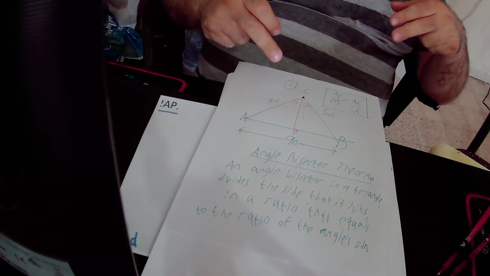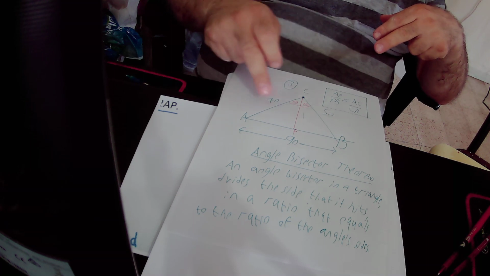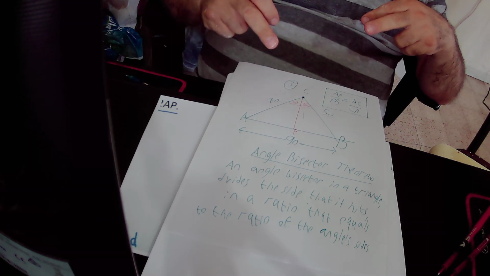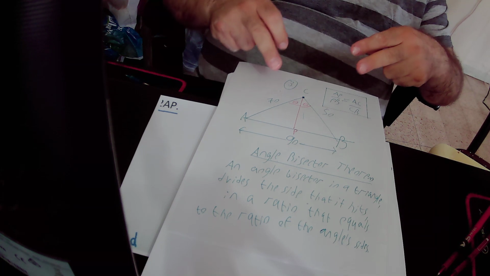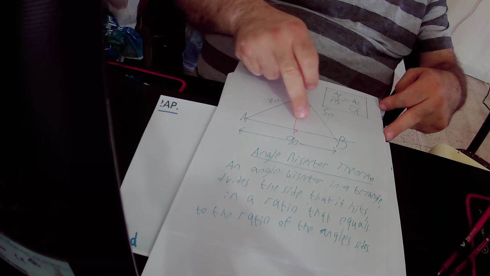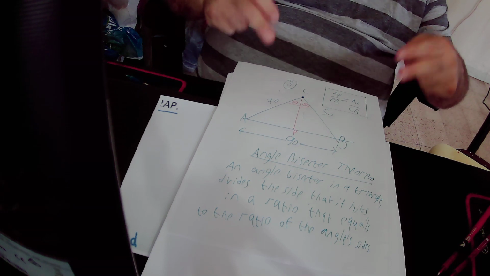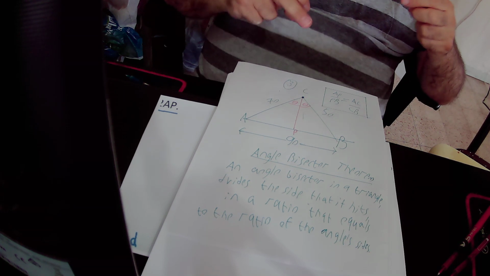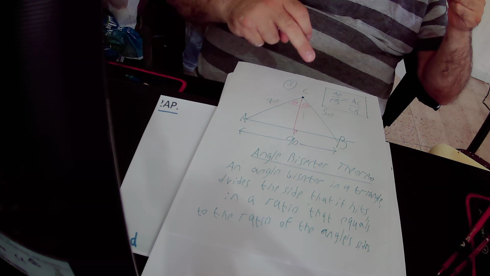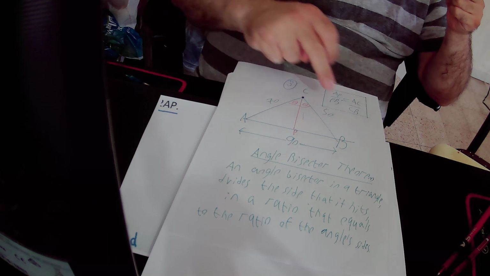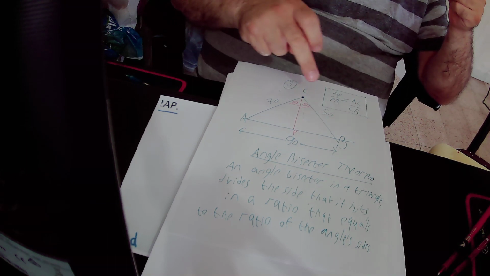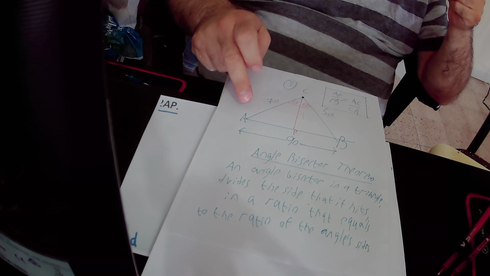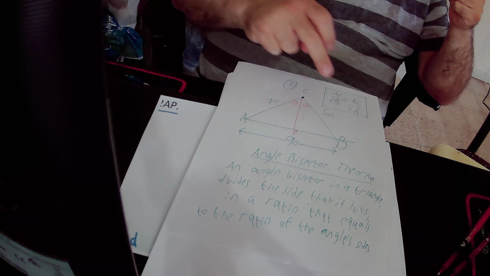It divides side AB into two parts, and the ratio between those two parts is AP over PB. This ratio equals the ratio of the angle's sides, where the angle that is divided into two equal parts is ACB.